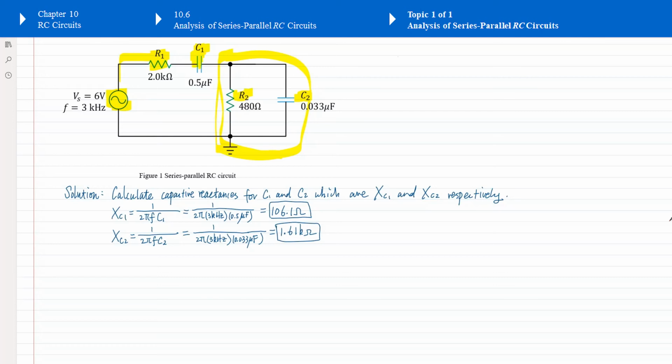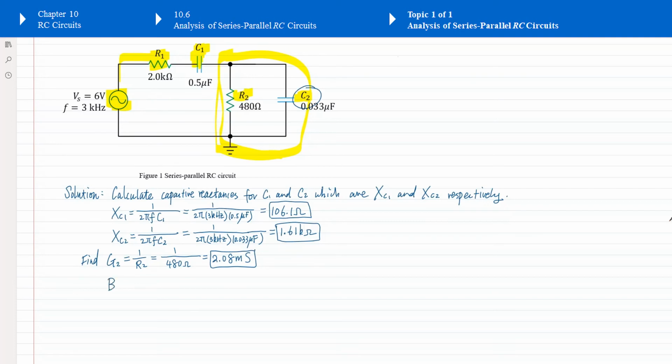So first we can find the conductance G2, which is the conductance for resistor 2. That is 1 over R2. R2 is 80 ohm. Therefore, the conductance is 2.08 millisiemens. Next, we can find the capacitive susceptance for capacitor C2.